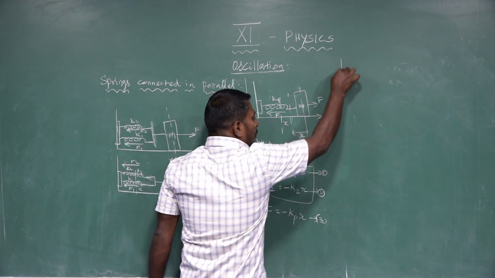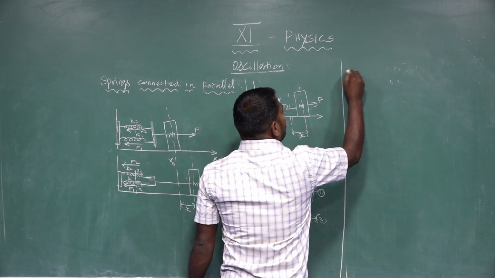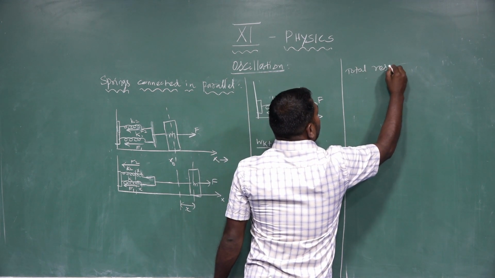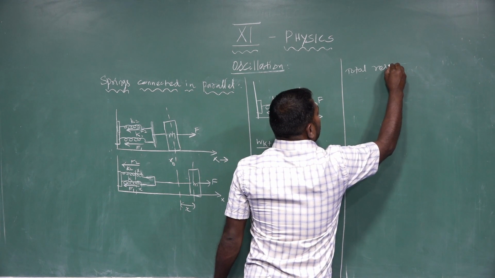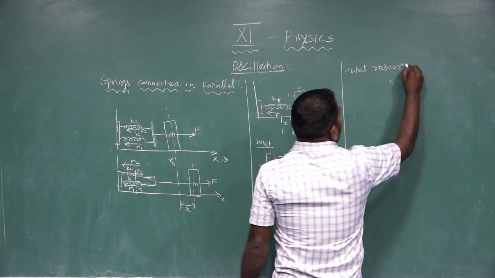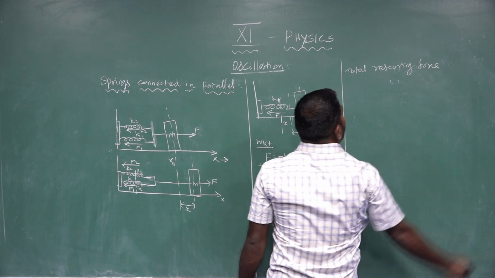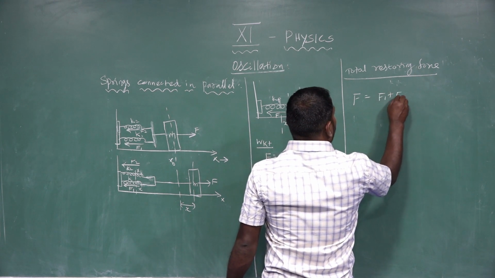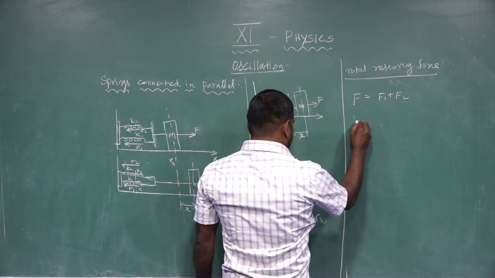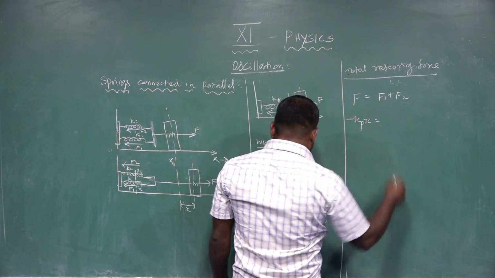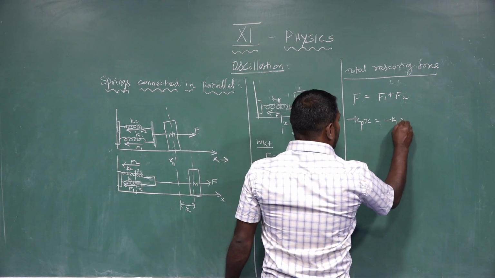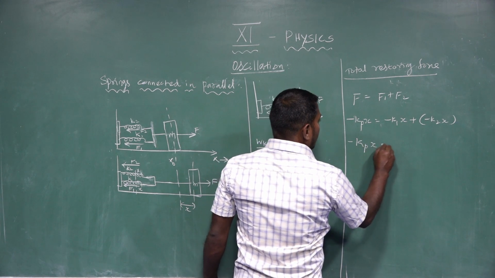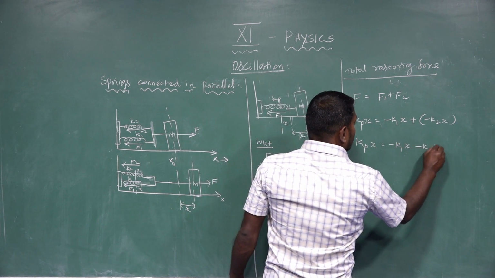So therefore, the total restoring force F is equal to F1 plus F2. F value minus Kpx is equal to F1 value minus K1x plus F2 value minus K2x, which is equal to minus K1x minus K2x.